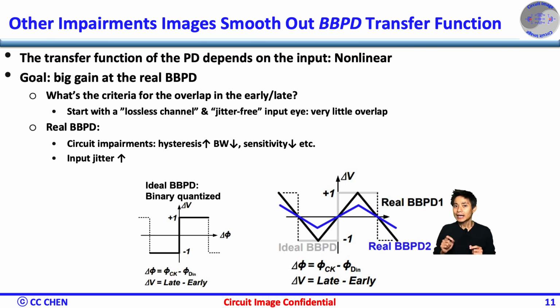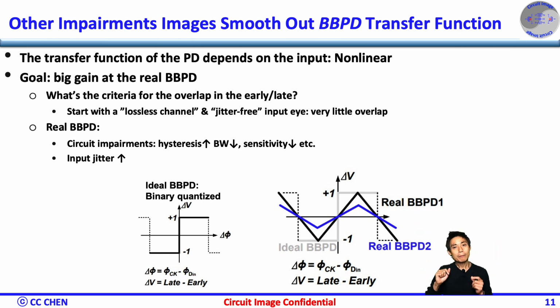Furthermore, adding any intrinsic impairments of the sampler inside the BBPD, like the low input sensitivity, limited bandwidth, and high hysteresis will all contribute to the gain degradation further to be the real BBPD2 as the cast images here. Therefore, we must run the BBPD phase transfer functions in the SPICE netlist to capture all the impairments to avoid any design oversize, breaking the BBPD's functionality.